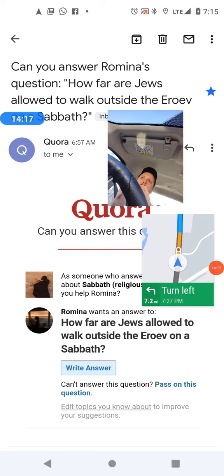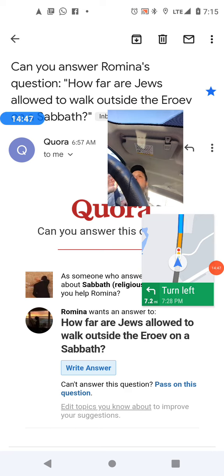But there's another type of eruv called the eruv techumin. What we do with that is, since you can go essentially 4,000 cubits, if you place some food before the Sabbath in a certain place that's within your 2,000 cubits, you're essentially making that your center.